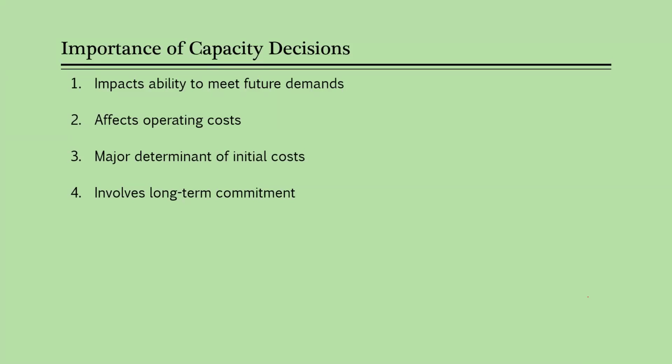Therefore, these decisions are really important with regard to that. And it affects competitiveness. If we lose the customers as a result of our failures in the strategic capacity planning, it may affect the competitiveness.